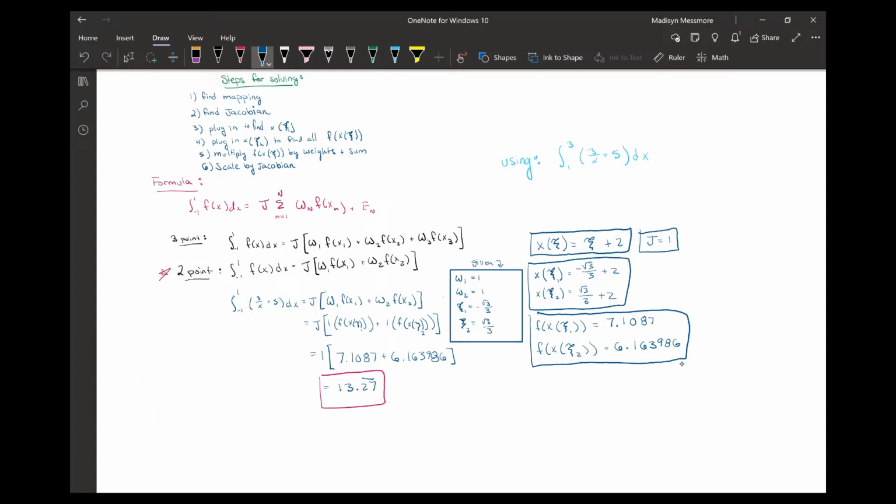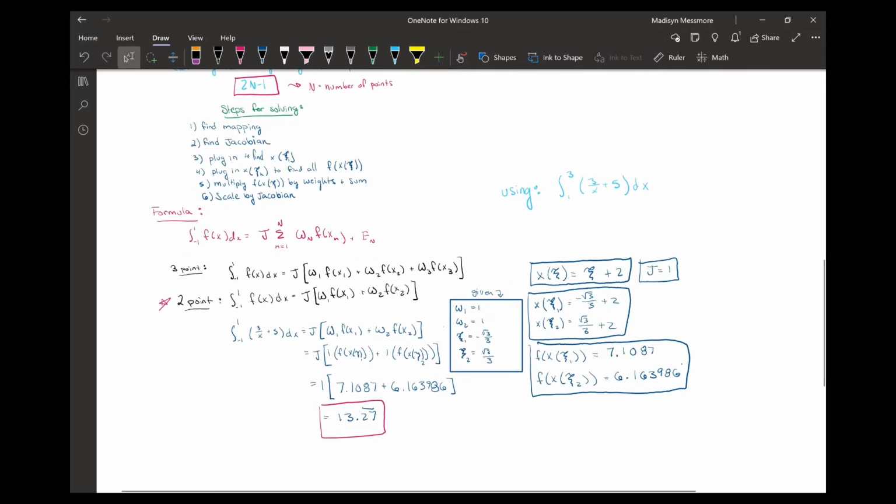So you plug that one in and you do the same thing for your x of 2. You find that new value. You put them in here like this. You multiply by your weights for each, which in this case is just 1 for each. And then you scale the whole thing by your Jacobian, which is just 1 because we found that it's b minus a over 2, which is up there. And ta-da!